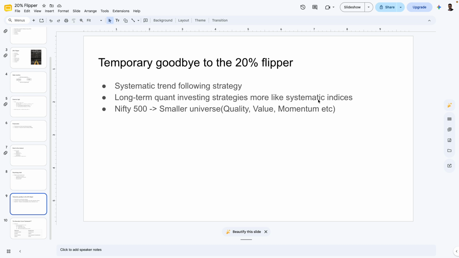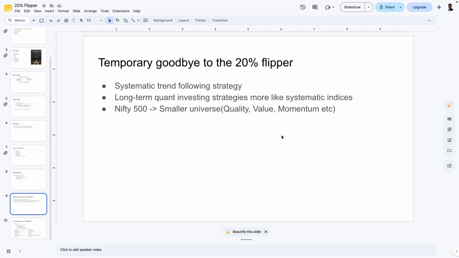Similarly, we have many factor-based indices. So I want to build such a universe of stocks, starting from Nifty 500 and going down to a universe of elite 30 to 50 stocks, and then run such strategies.